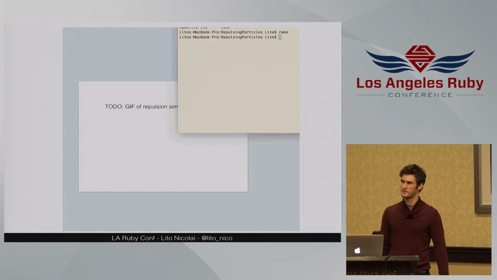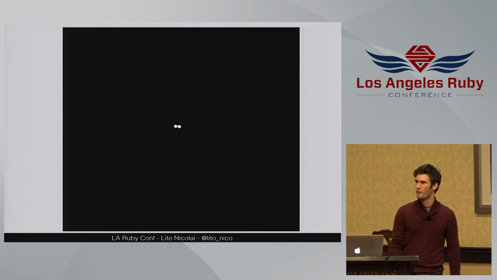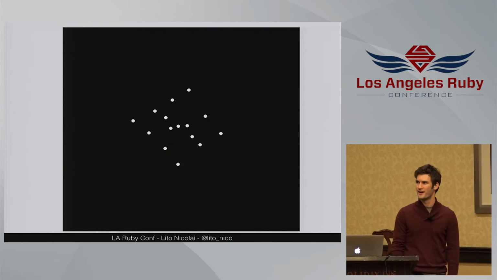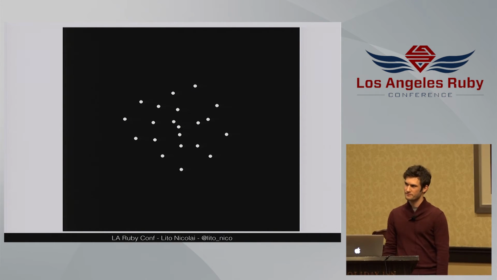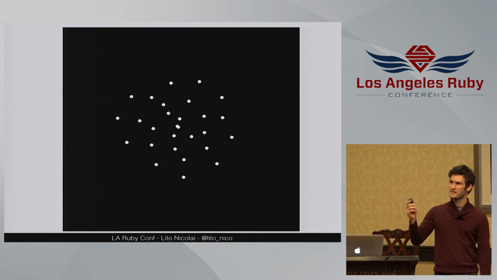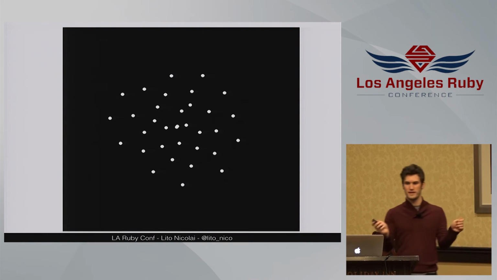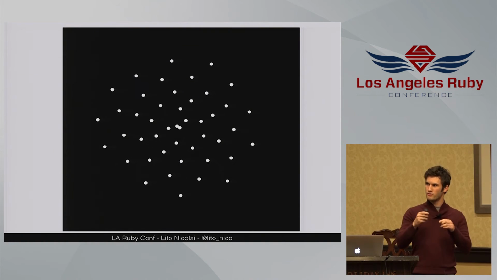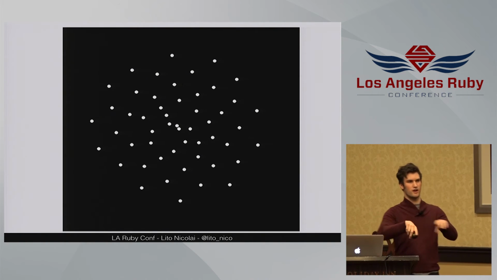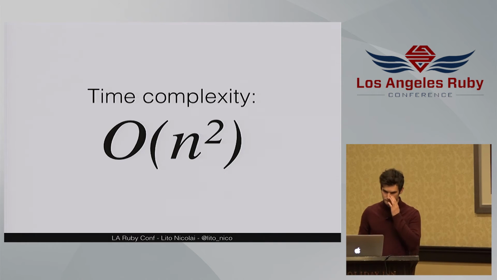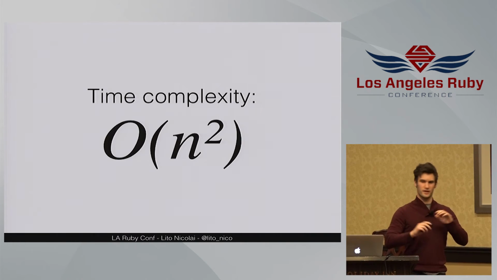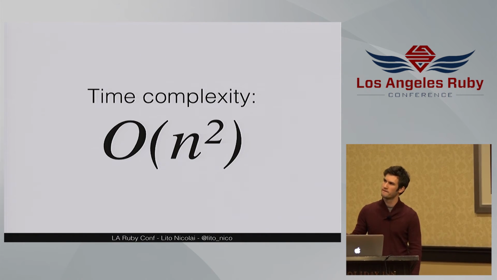And so I can code up a simulation of this as well, where we're just dropping in little particles, and they each repel according to the laws of electricity. And so you'll notice, as the simulation goes on, they start by repelling immediately. But as it keeps running, they'll start to repel at an angle based on the sum of the charge from all the neighboring particles. The time complexity and the awfulness of code is roughly O of n squared. Not going to worry about optimizations on that one.